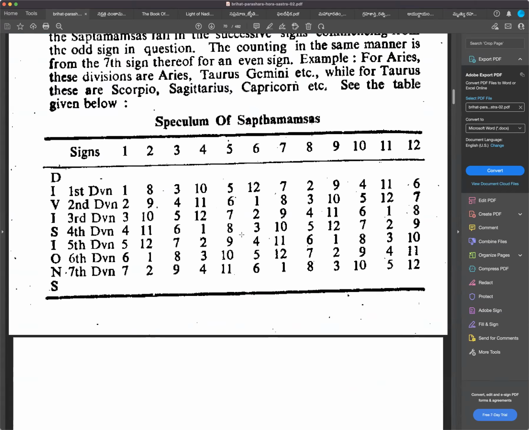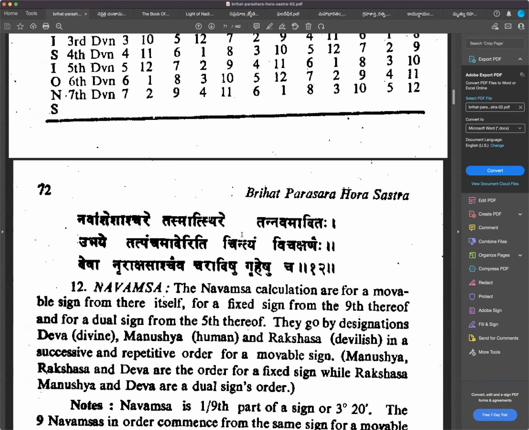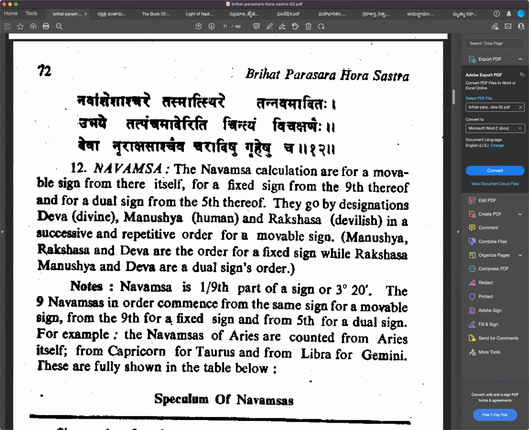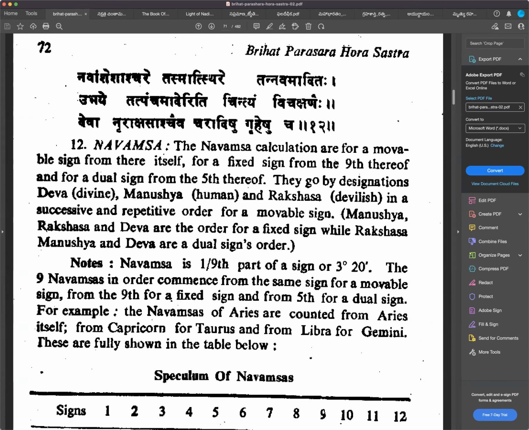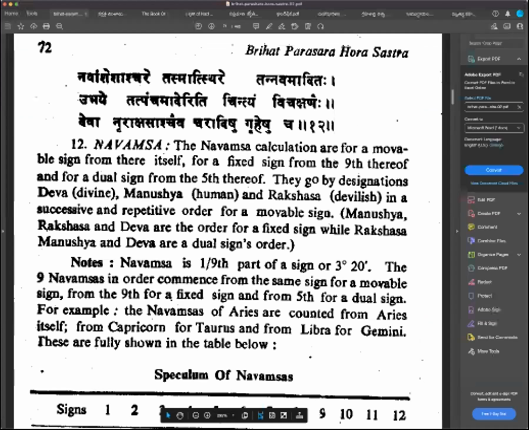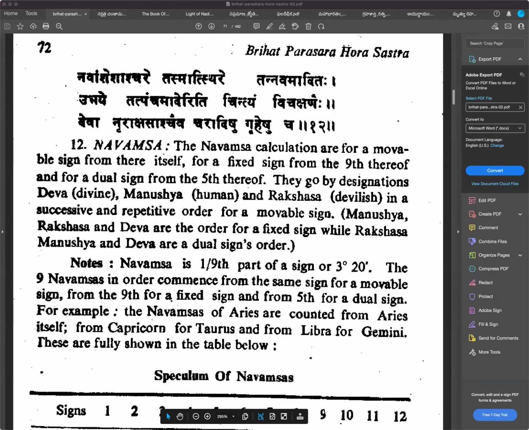Then Navamsha. Yeah, Navamsha. Okay, we'll start.